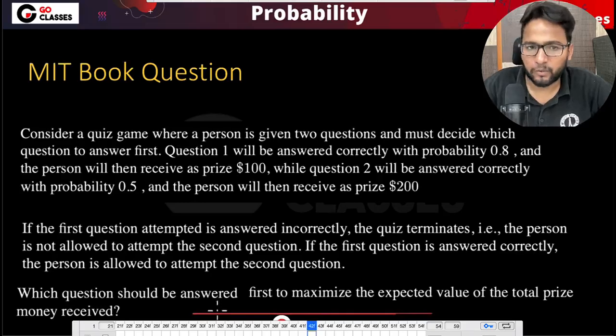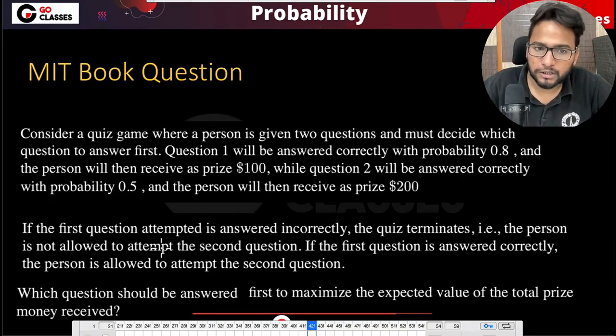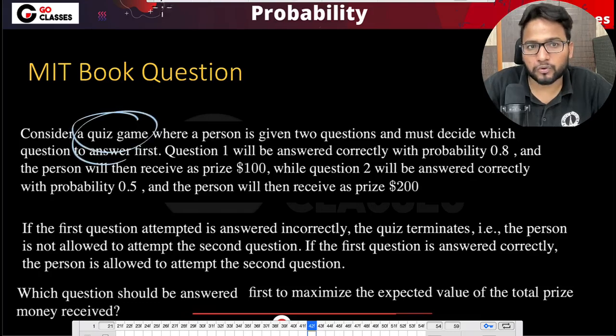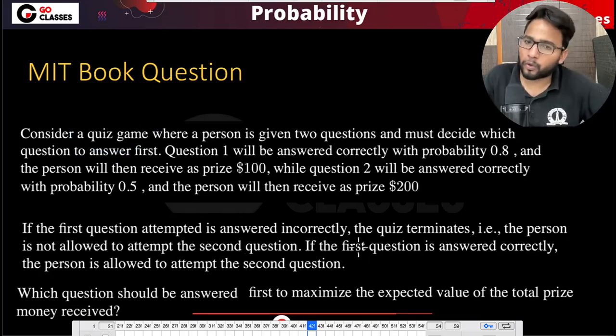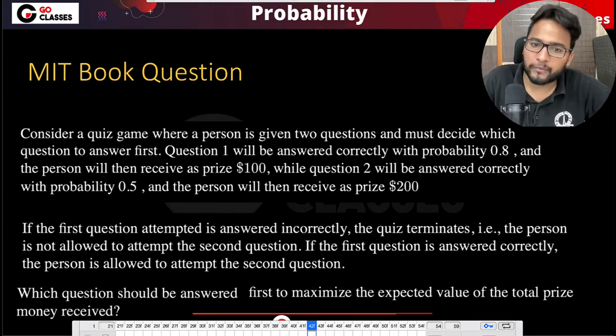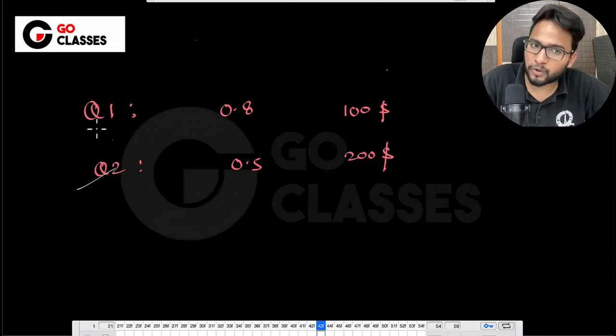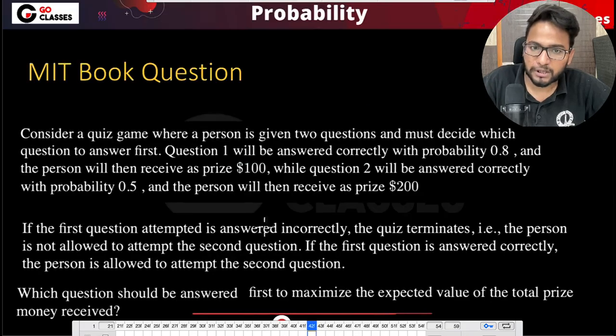Now let's see what they have said. If the first question is answered incorrectly, the quiz terminates. That's the very interesting thing, right? It's a game. They are saying that whichever question you answer first, maybe this one or maybe that one, if you answer it incorrectly, then the quiz will terminate.